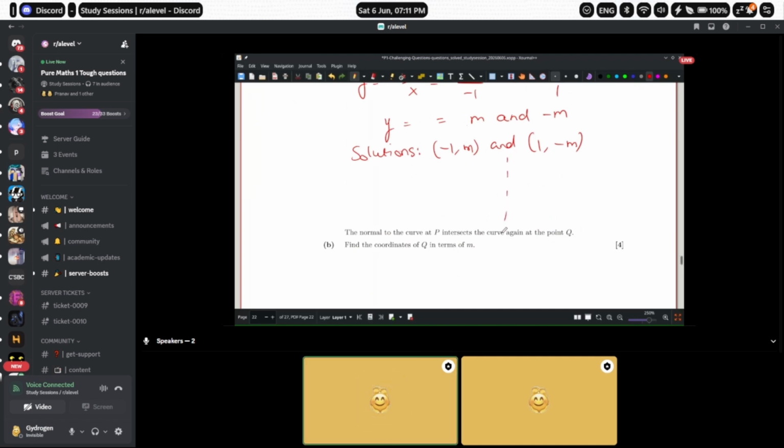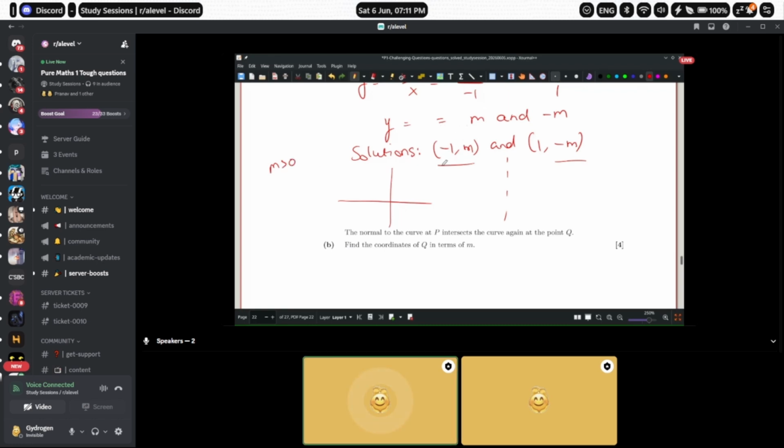So here we have to try to find which point will give c as positive. If you sketch both of these scenarios, you know that m is greater than zero.